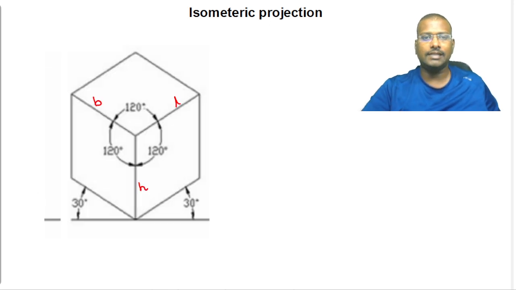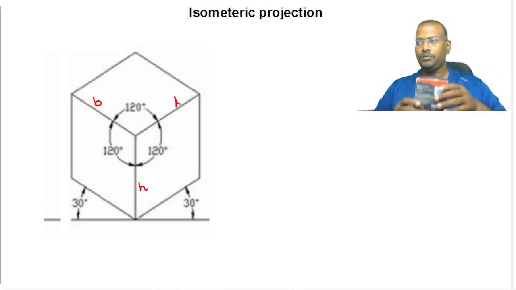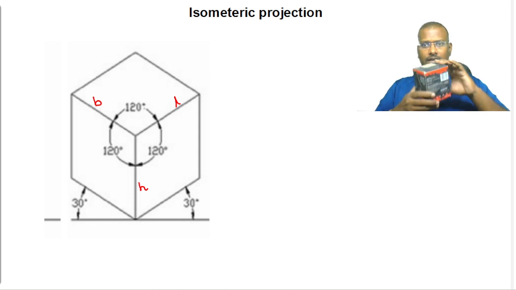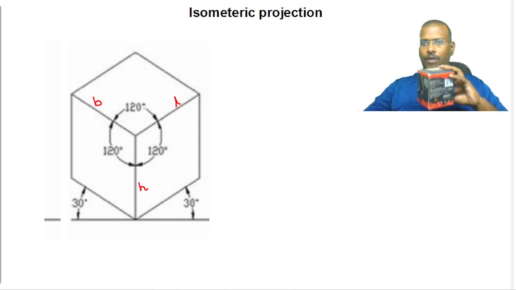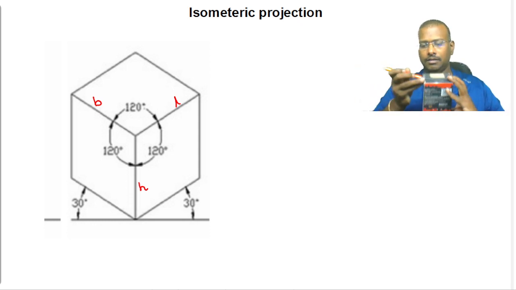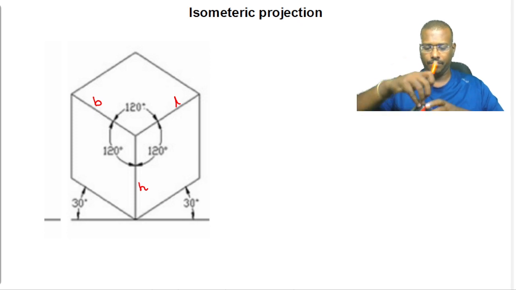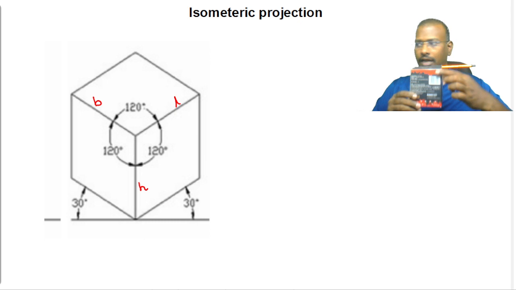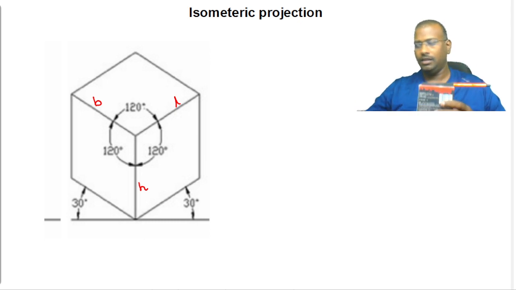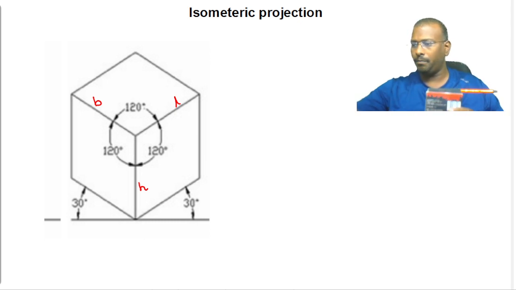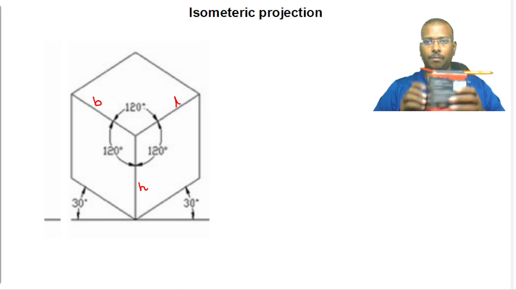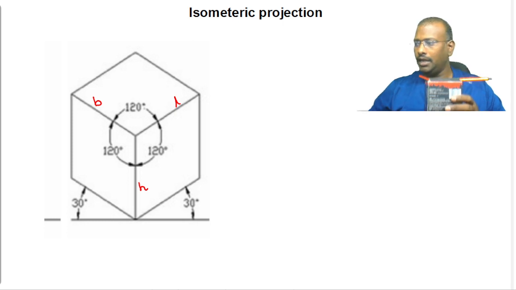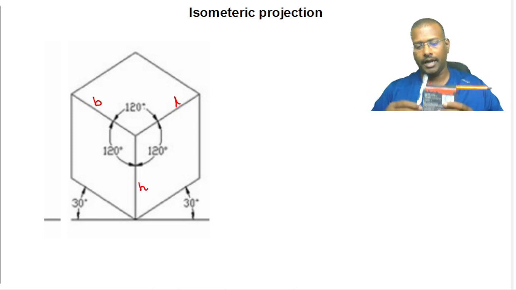So now let us consider, just now I said all these three faces are equally inclined. Just now you have observed, this is the length direction, this is going to be the breadth direction, and this one is going to be the height direction.